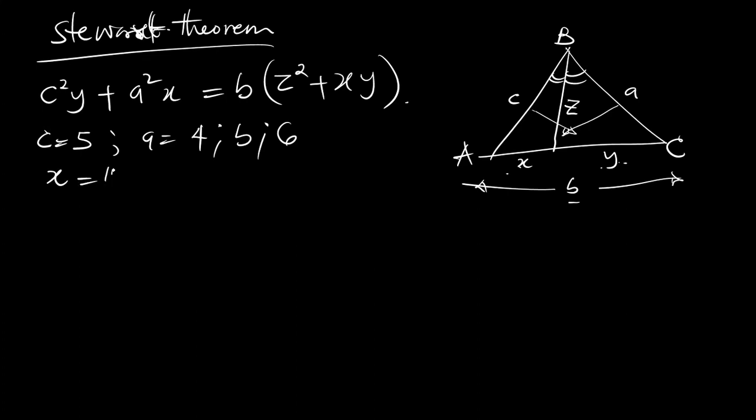X is 10 all over 3. Y is 8 all over 3. Z is the y we're looking for. Okay, let me just call this Z. Sorry, let me change this to Z, this Z.